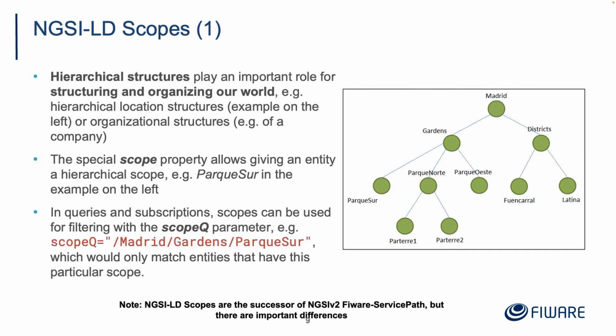There are significant differences between NGSI-LD scopes and the NGSI-v2 service path, but this is now something which can be found on the entity, embedded deeply within the entity itself, and it's on an entity level, not on an attribute level, is what we are dealing with here today.